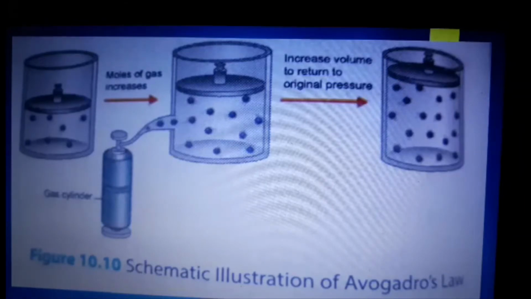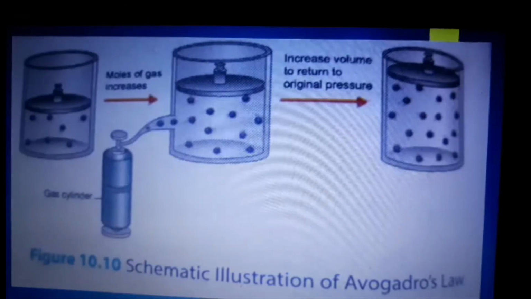The volume of the gas is directly proportional to its number of moles. Kapag tumaas yung mole, tataas din po yung volume. So, tumaas ang volume, tataas ang moles. Bumaba ang moles, bababa din po yung volume. And that's what we call directly proportional.